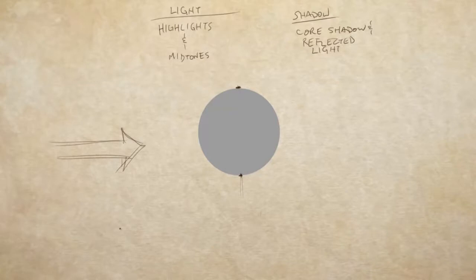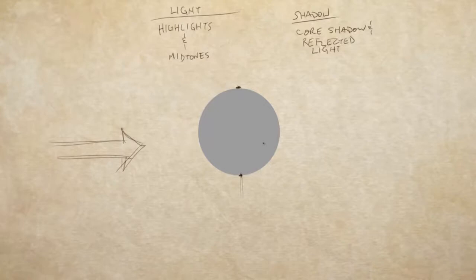If it shifts towards us, then you get more in light, and if it shifts away from us, then you get more in shadow, provided this side is the light side and the other side is the shadow side.